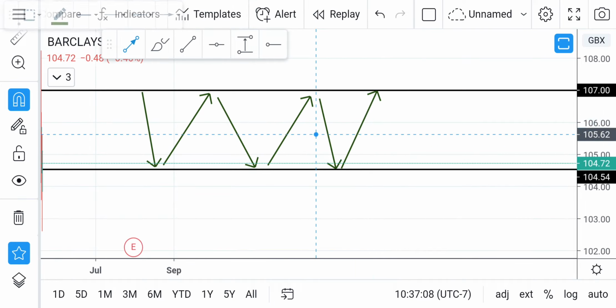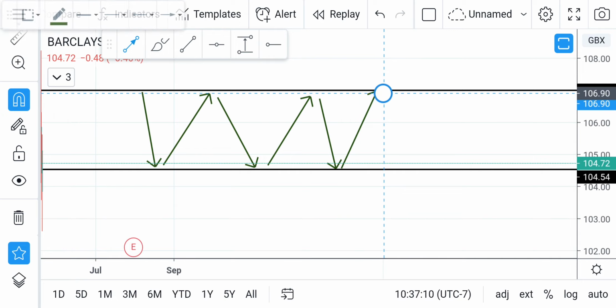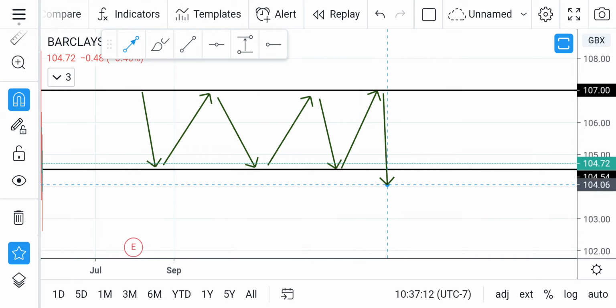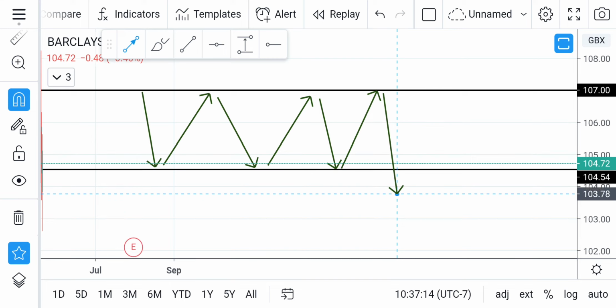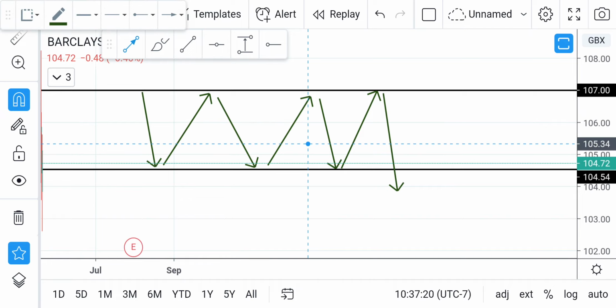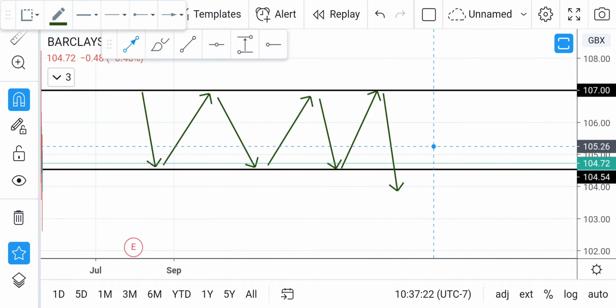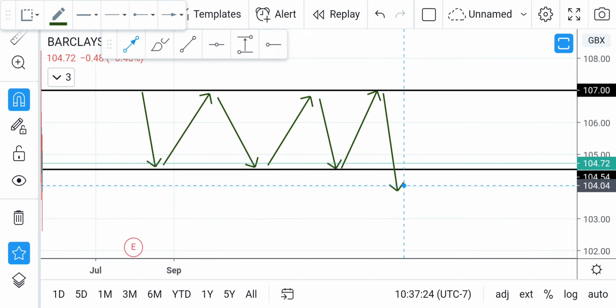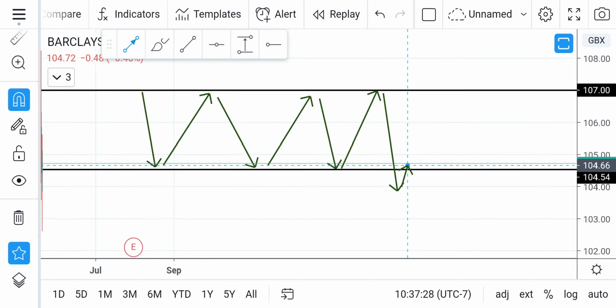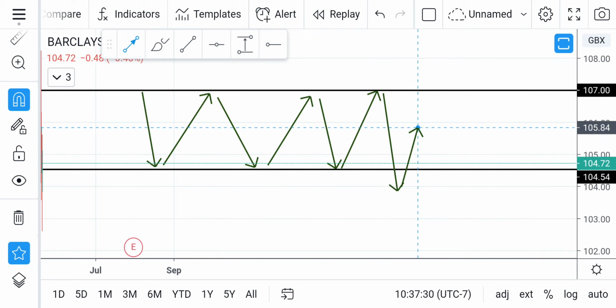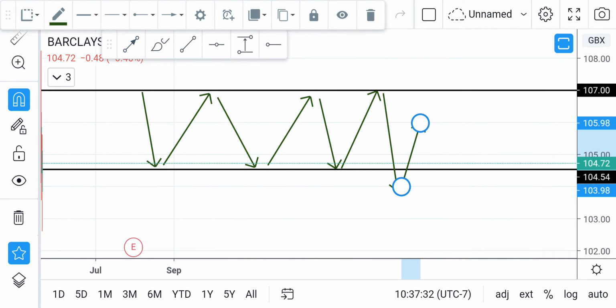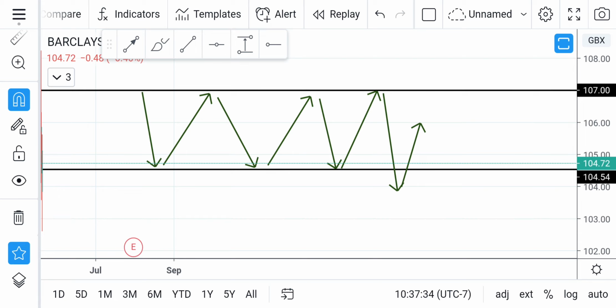But what happens next is that the next candle breaks below support, and the sellers, those that want to go short, will think that, okay, the price is going to go down from here. But what happened next is that the next 1 or 2 candles take the price back into the channel. So that's a false breakout.